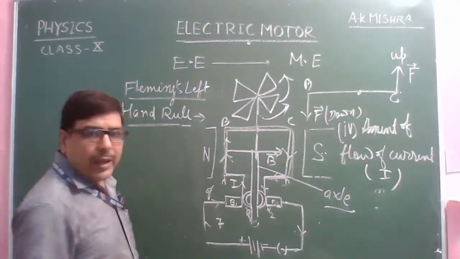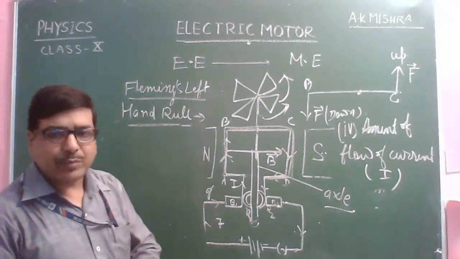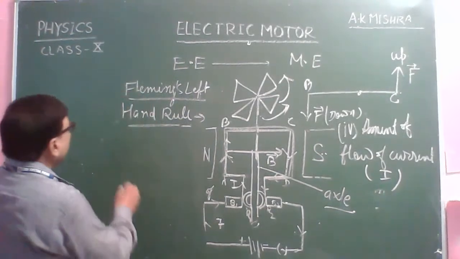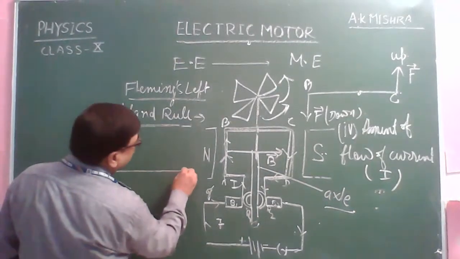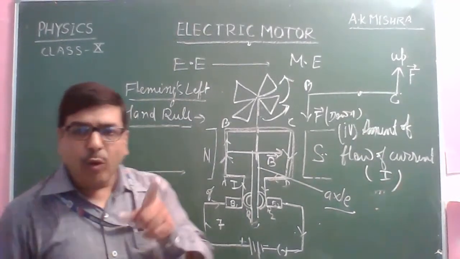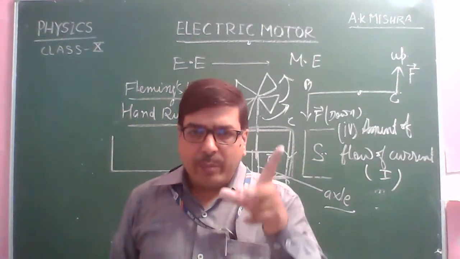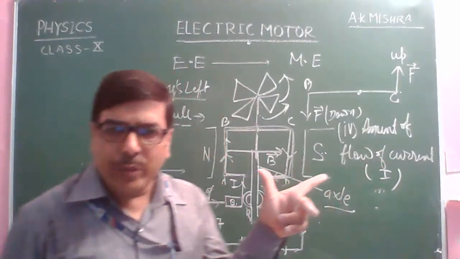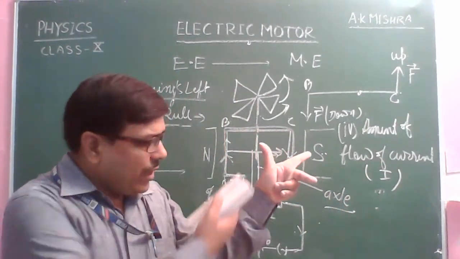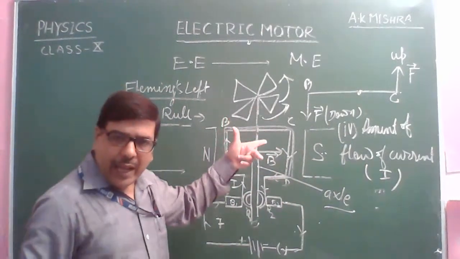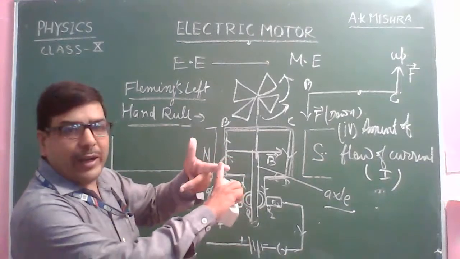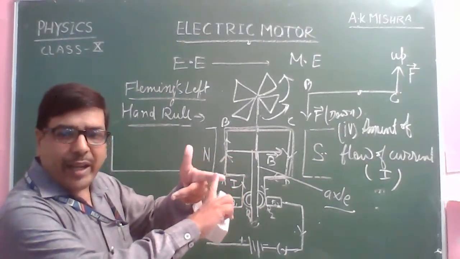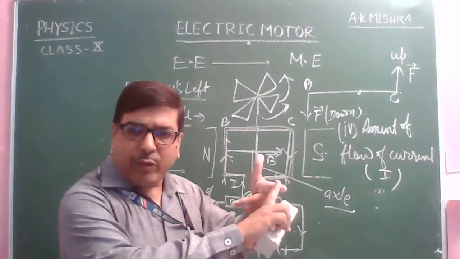Now, what is this statement? First of all, the left hand rule. Stretch the forefinger, middle finger, and thumb of the left hand so that they are mutually perpendicular to each other. The forefinger, also known as the index finger, is the direction of the magnetic field.